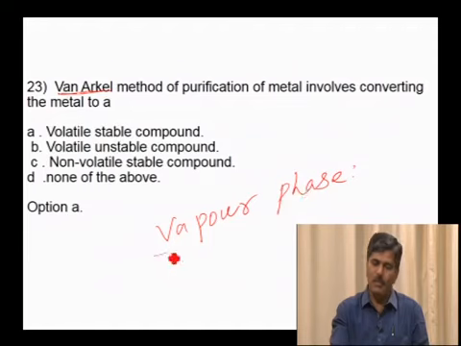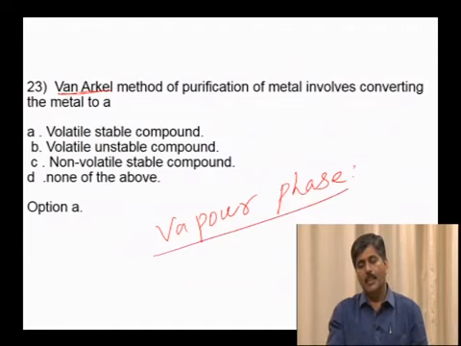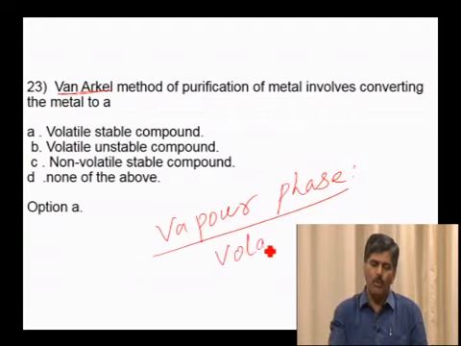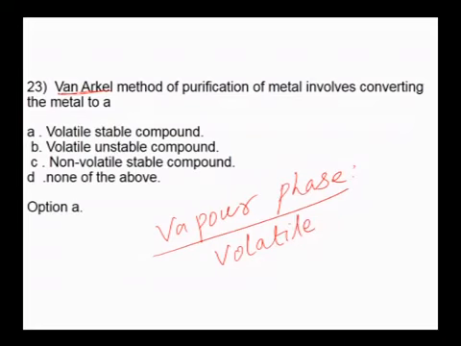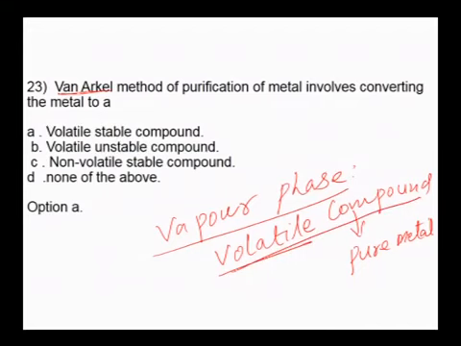The principle in vapor phase refining is, first, the impure metal or crude metal is converted into a volatile compound by heating to lower temperature. Then the volatile compound is decomposed into pure metal by heating to high temperature. So, the volatile compound formed in the first step is a little bit stable. Therefore, the option is A, volatile stable compound.